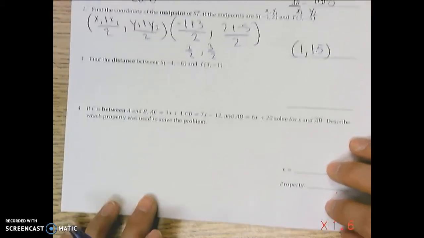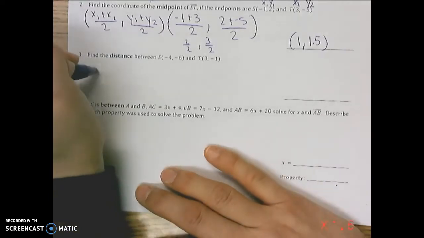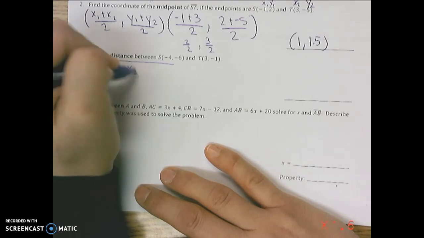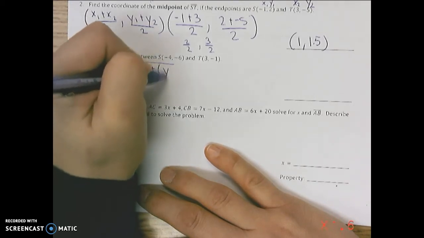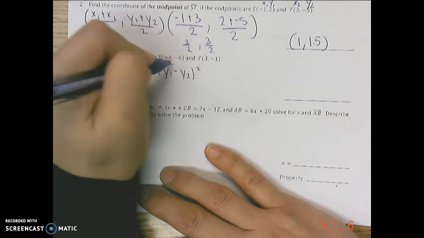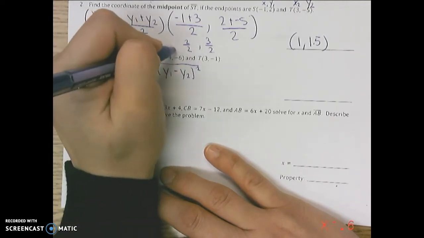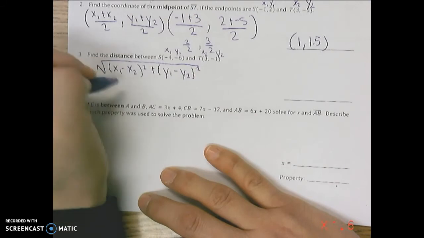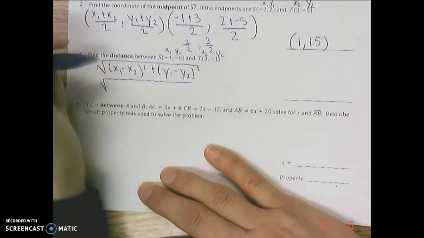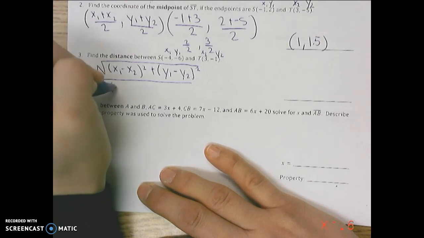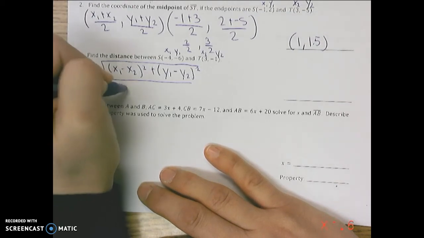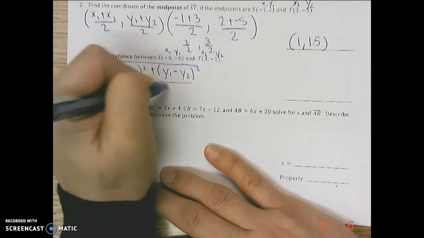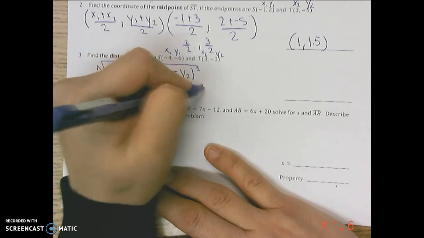And then we move down to the distance formula. Hopefully you also memorized or wrote this one down somewhere. It's the square root of x1 minus x2 squared plus y1 minus y2 squared. Again, I'll label my coordinates to make it easier and hopefully help me not make a mistake, and plug them in. So I'm going to take negative 4 minus 3, and I'll square it and add it to negative 6 minus negative 1, and square that.